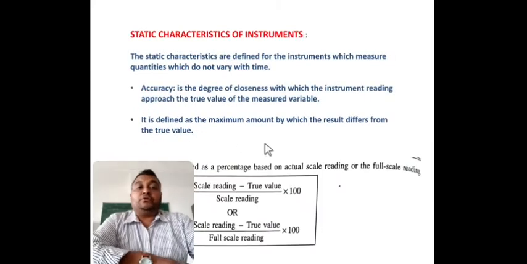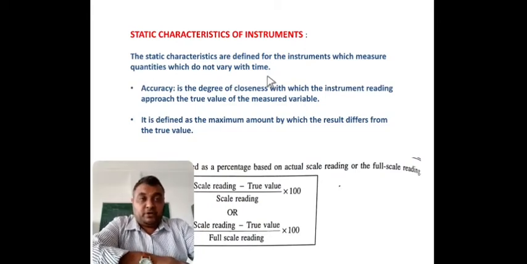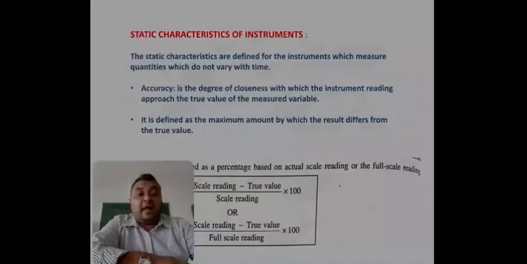You can see some of the definition, static characteristics of instrument. The static characteristics are defined for the instruments which measure quantities which do not vary with time. The quantity does not vary with time, that means it doesn't make any difference as time passes.